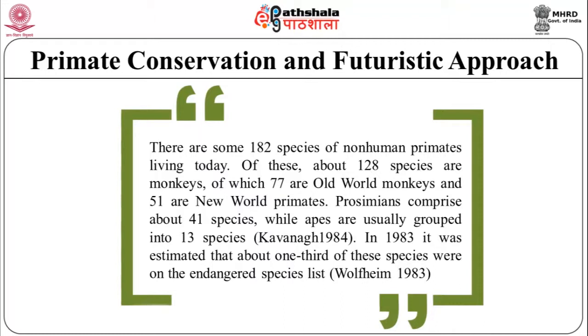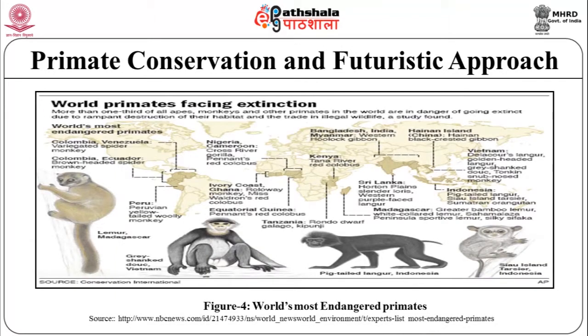Prosimians comprise about 41 species, while apes are usually grouped into 13 species. In 1983, it was estimated that about one-third of these species were on the endangered species list, according to Olfhill. This figure illustrates the world primates facing extinction.